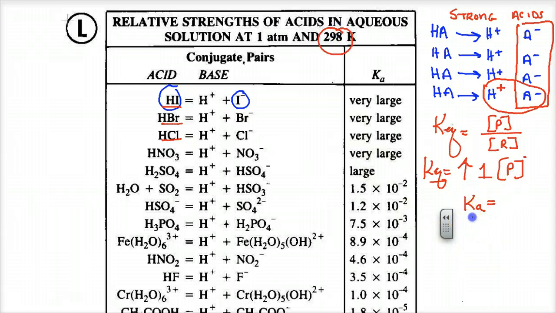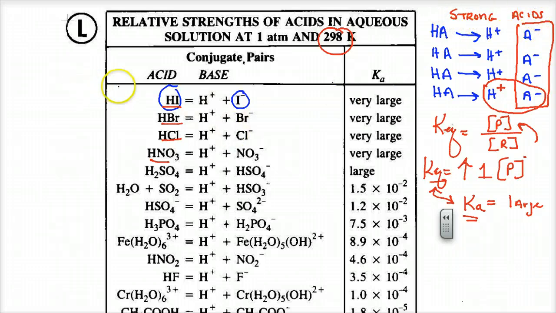The Ka or the Keq, it's the same thing, kind of like Ksp for salts. We call it Ka because these types of reactions are acids breaking apart. And if the Kas are large or very big, that means we have a lot of products, which means we have a lot of ions, which means the acids dissociate very well and are stronger.